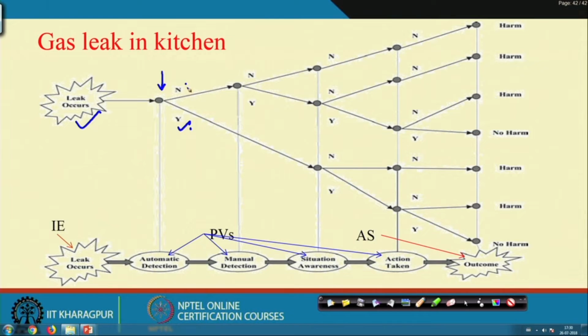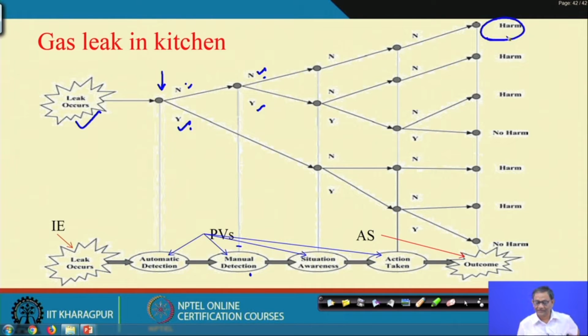If automatic detection fails, is there a possibility of manual detection? That can be no or yes. If manual detection fails, then there is no situation awareness, action will not be taken, and a lot of harm will be there.